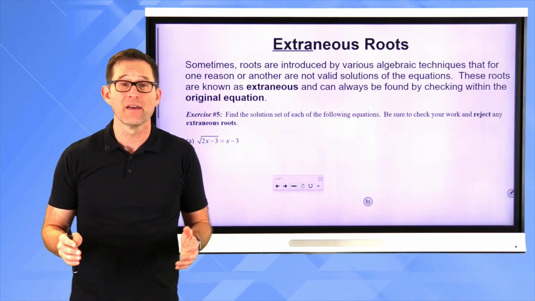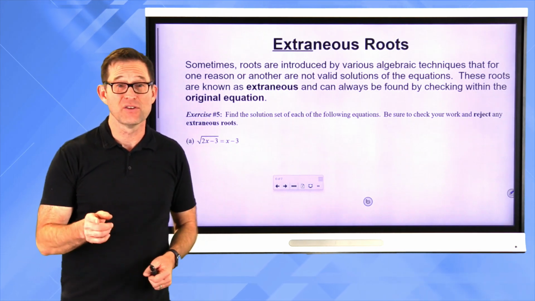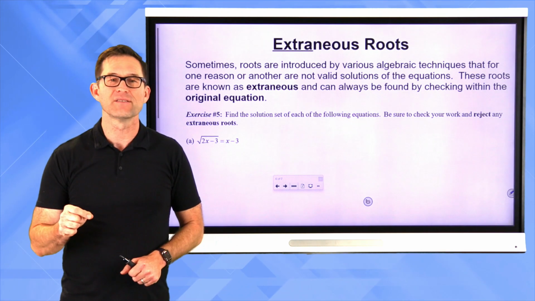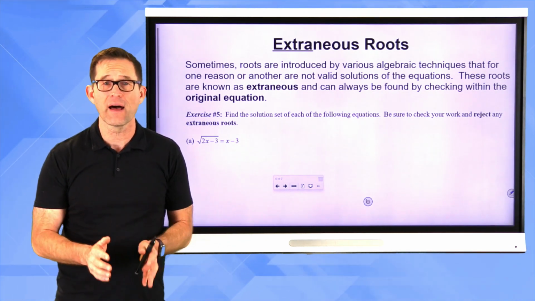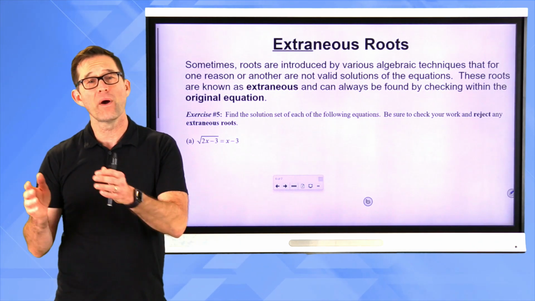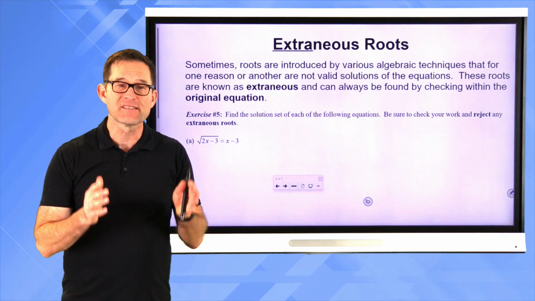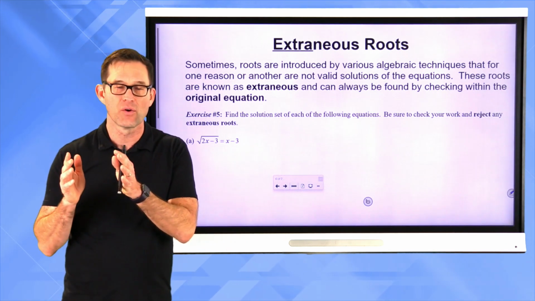So it's not like you're going to get an answer and it will check and then your math teacher is going to say, oh, nope, that's not right. But you can get an answer that is very legitimate in terms of, hey, I did all the correct algebraic steps, but when I take that value and plug it back into the equation, it simply isn't correct. And that is an extraneous root.